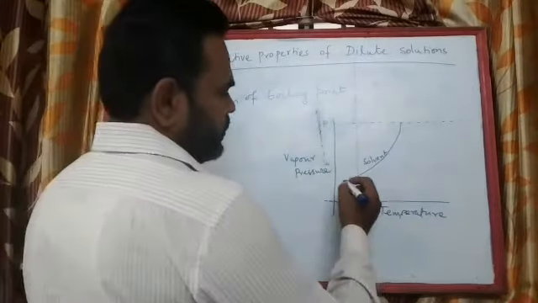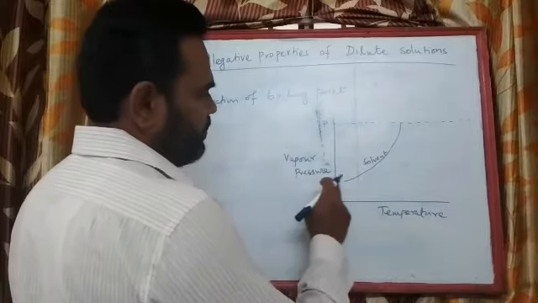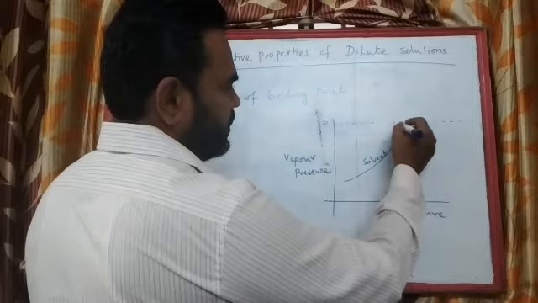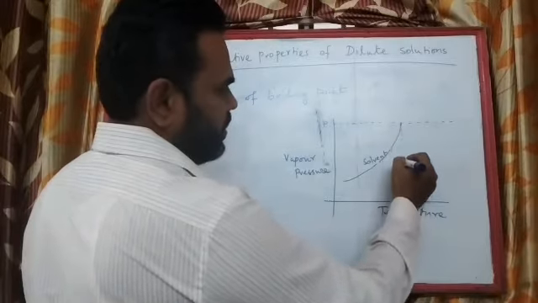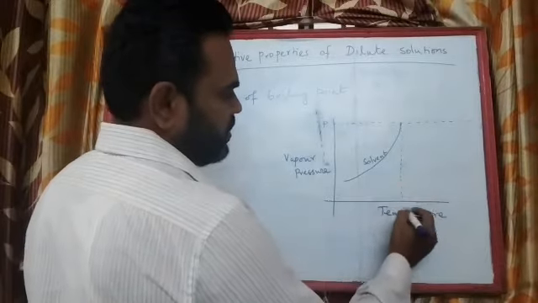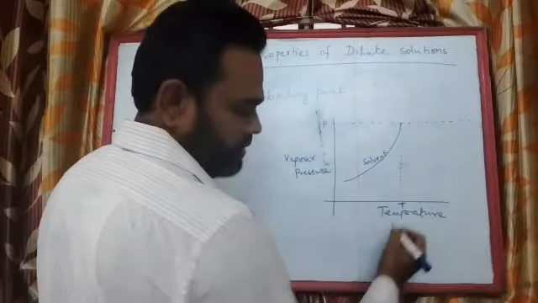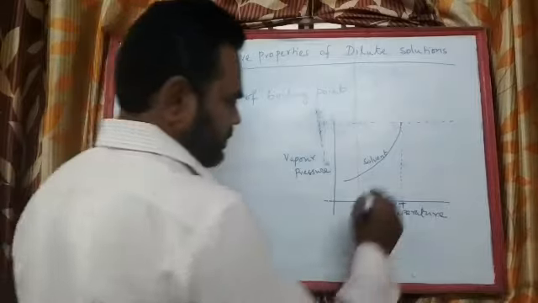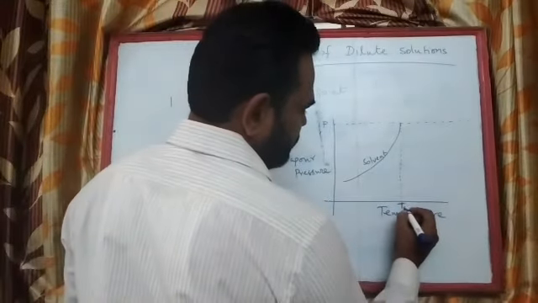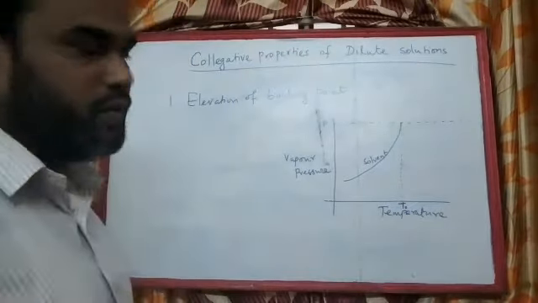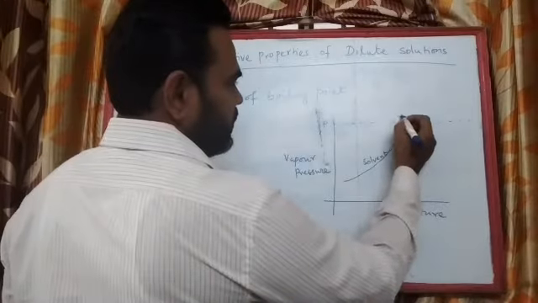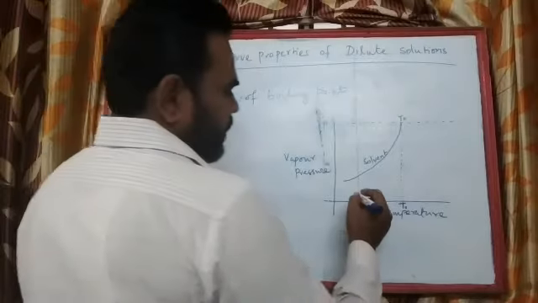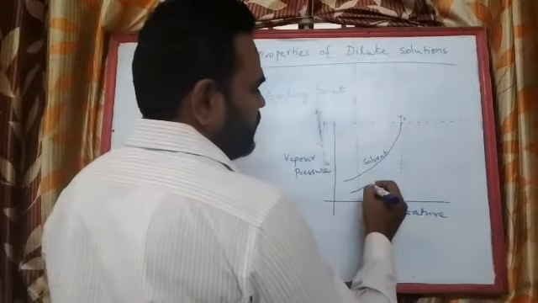Upon increasing the temperature, the vapor pressure rises, and this temperature is noted as the boiling point of the pure solvent, say T0. Now I take up a solution.